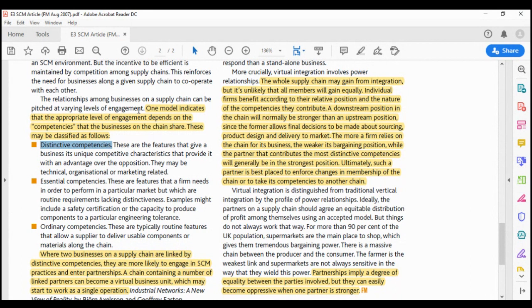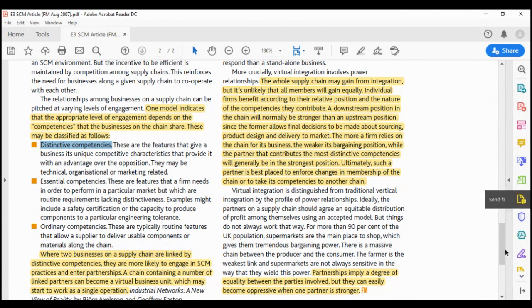Because what is happening currently, it is no longer individual companies that compete with one another, but supply chains that compete with one another. So the idea is that you partner with other companies that have a similar differentiation strategy, and together you partner to meet specific needs of customers.